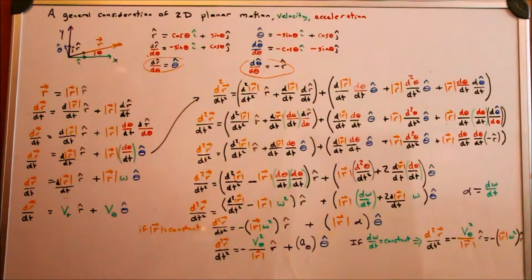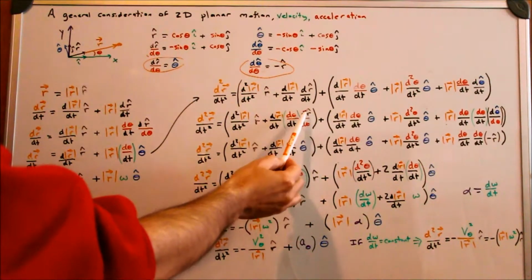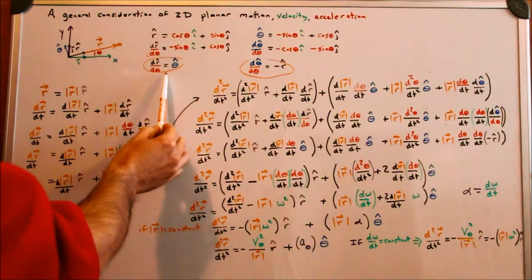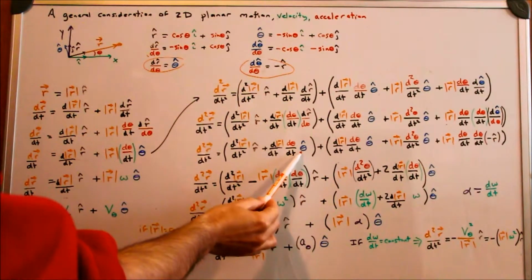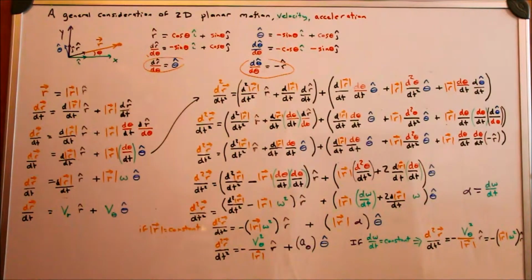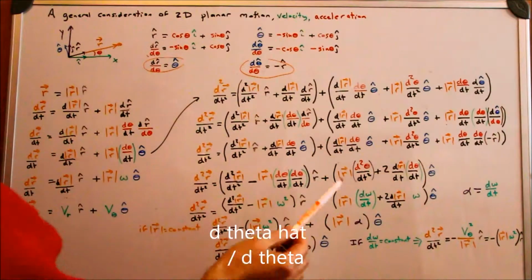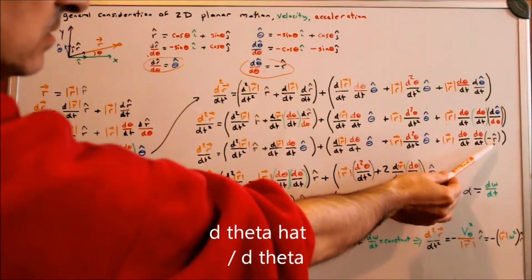And that's going to be useful again. So we can see that I have this dr hat dt, dr hat d theta term, which is theta hat. And then here I have a d theta hat dt, which is minus r hat.